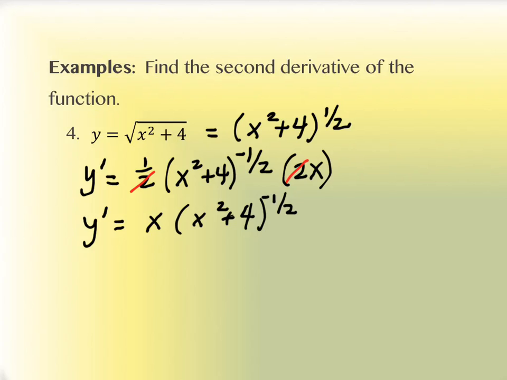All right. Now, the second derivative has an interesting feature, and this is the first one of these we've encountered. What am I going to have to use to do the second derivative? A chain rule and something else.